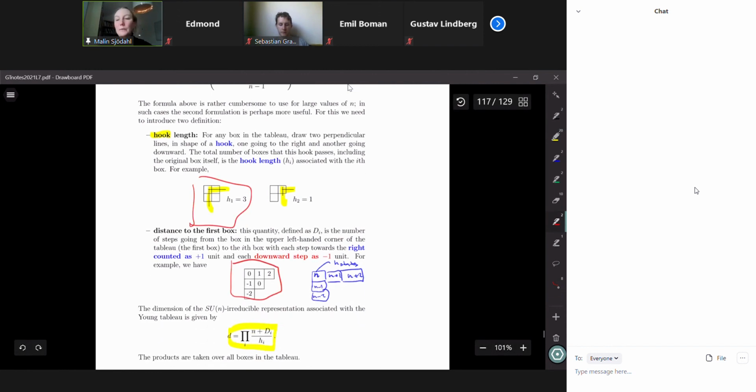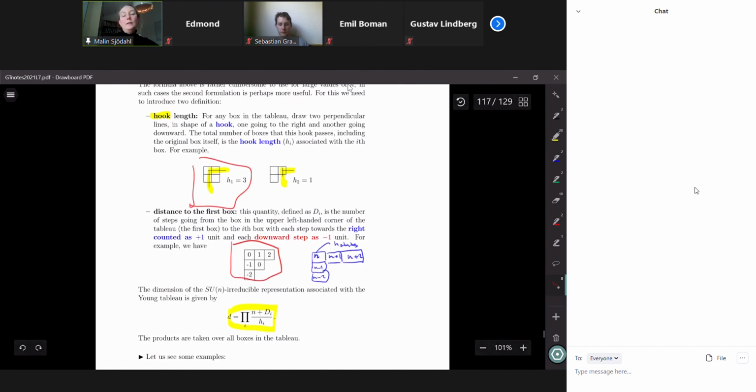The numerator is obtained by placing n in this box. In the next box, when I go to the right, I increase the number by 1, so I have n plus 1, and then n plus 2. When I go down, I decrease by 1, so I have n minus 1, and n minus 2. This gives me my numerator.